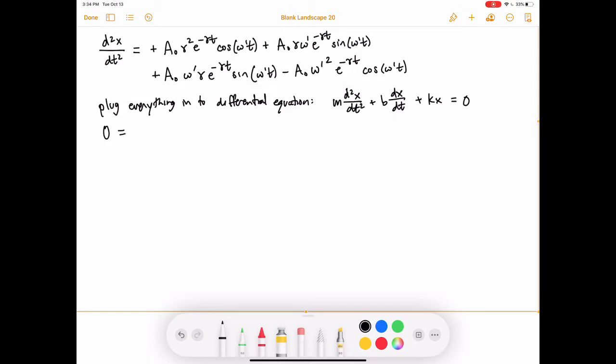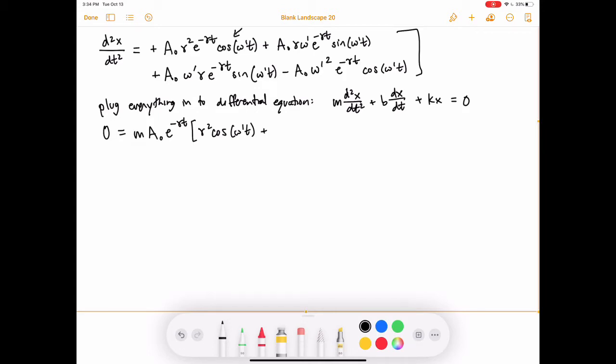The first term is going to be m times the second derivative, which, by the way, is all this right here. To make it a little simpler, let's realize that we have a common factor of a naught e to the minus gamma t in every single term. So we'll pull that common factor out. And then the first term is going to be gamma squared times cosine omega prime t from this guy.